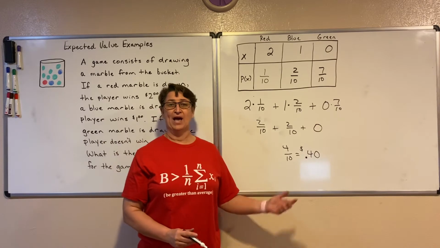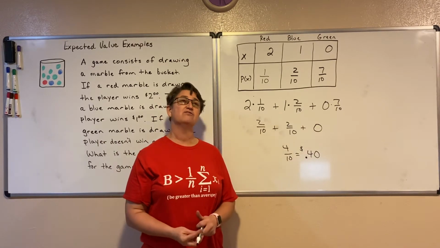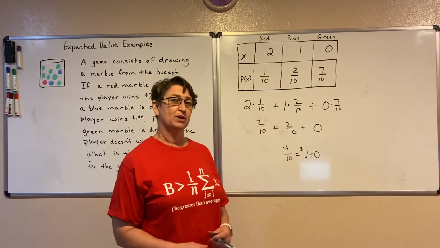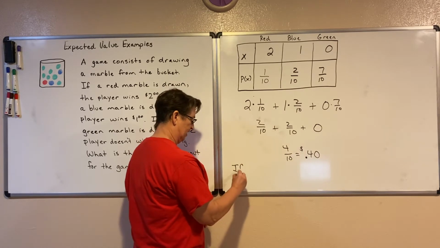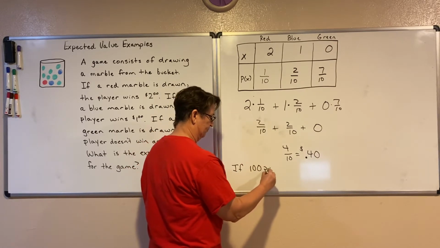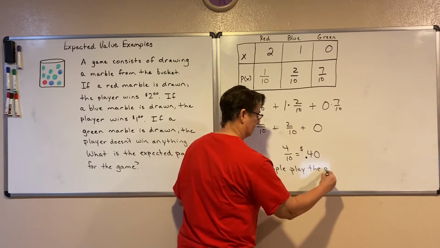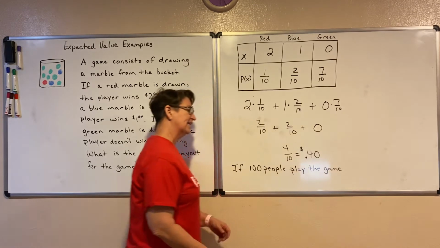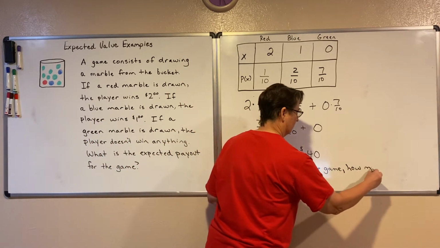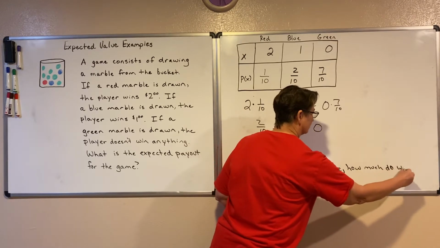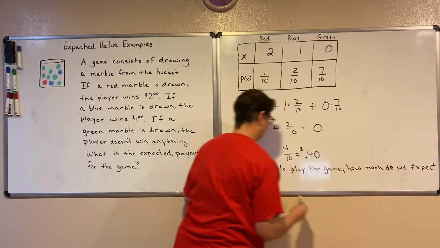Then we can, from that, start deciding how much money we need to have on hand. So for instance, if I have 100 players come to my booth each day, if 100 people play the game, how much do I expect to pay out?